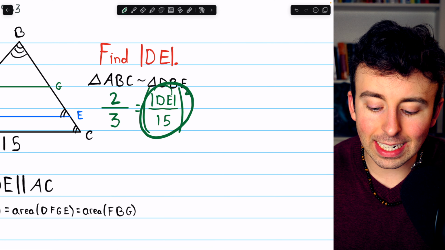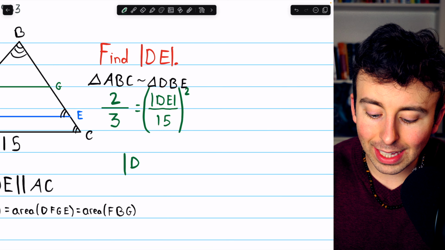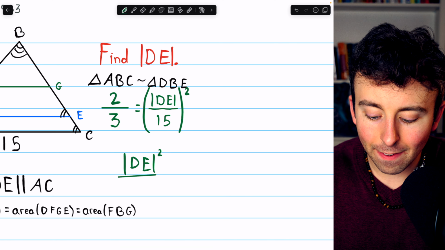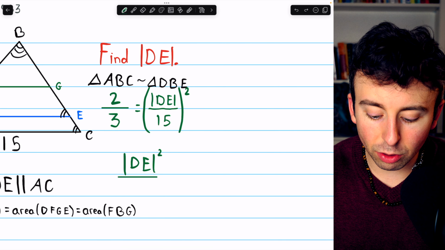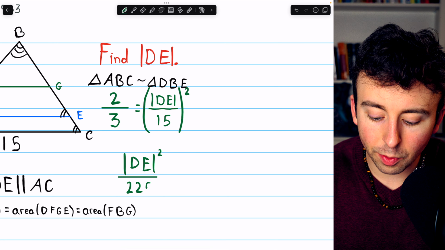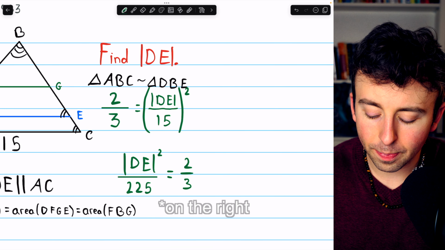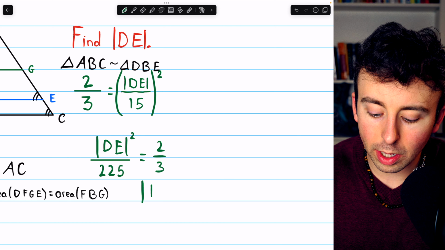Let's write the DE part of this equation on the left. So we have the length of DE squared divided by 15 squared, because we have to square this whole thing. 15 squared is 225, and this equals, on the left, 2/3. Now let's go ahead and multiply both sides of this equation by 225.